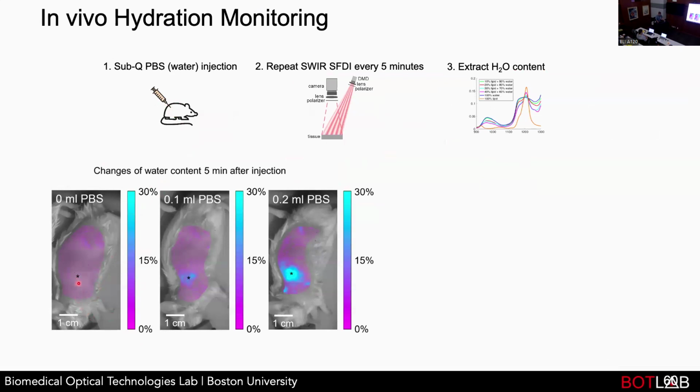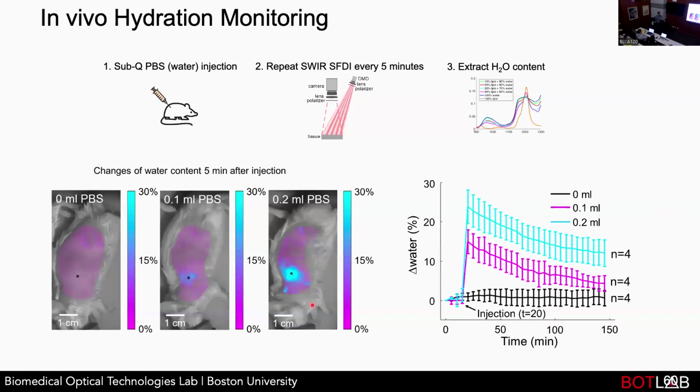So when we don't inject anything, it doesn't change at all. After 0.1 milliliters of PBS, you can see that near the injection site, there's an increase in water. And as we increase that dose, you can see more. And then if we track these mice over time, we can see that water increases and then subsides as that PBS or water is absorbed by the mouse and goes away from that injection site.